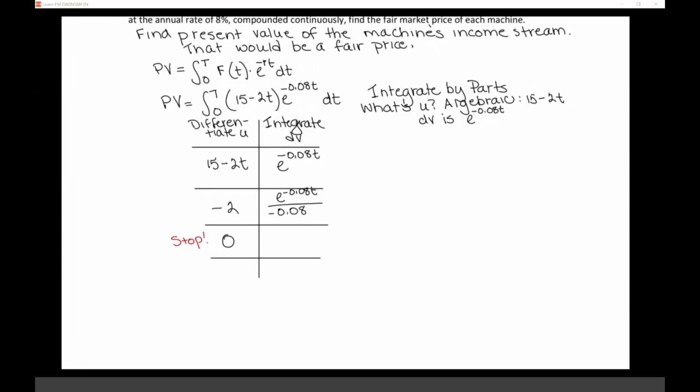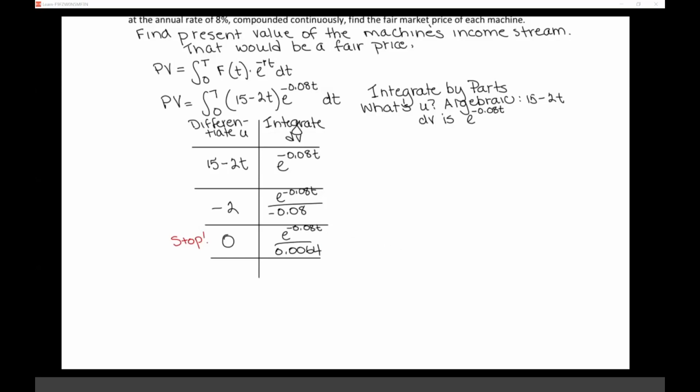If I do that one more time, I'm going to accumulate another 0.08 that's multiplying the one that's already there in the denominator. So I'm going to have negative 0.08 times negative 0.08. That's going to give me a positive 0.0064 in the denominator, and I get the same numerator.